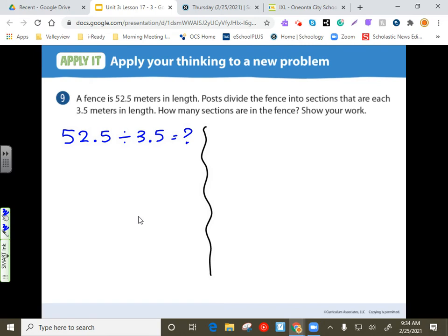We know we can change 52.5 into 525 tenths. We know we can change 3.5 into 35 tenths.